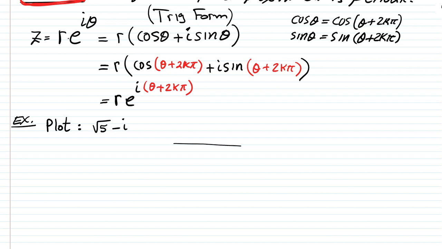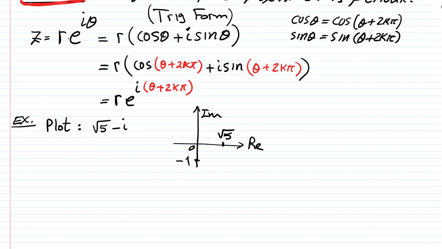Okay, and I'm just going to draw these real quickly for you. So remember, this is the real axis, this is the imaginary axis. There's 0. Now the real part is root 5, so call that root 5. And the imaginary part is negative i. The point's going to be below the x-axis, so call that negative 1.